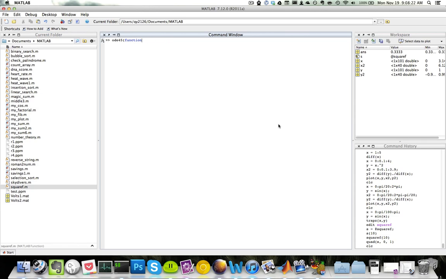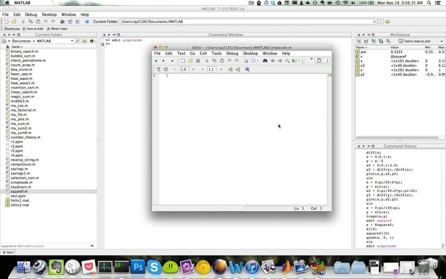So let's try to solve for dy/dt equals negative y in MATLAB. The first thing we need to do is actually create our ODE function. So let's call this simpleODE. Here I will create a function that will give me dy/dt. So function, my output will be dy/dt, is equal to simpleODE(t, y).